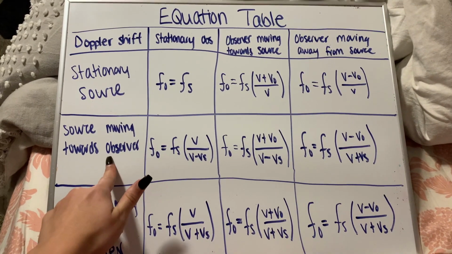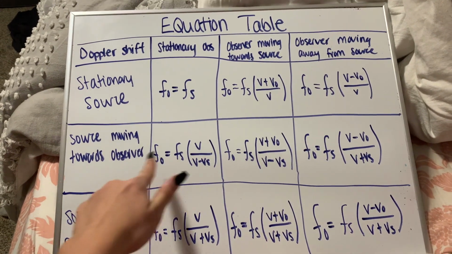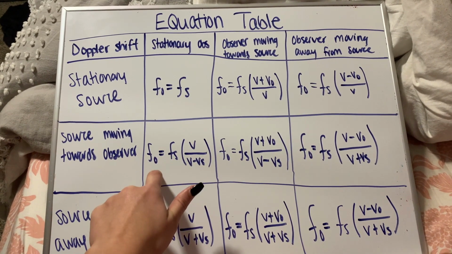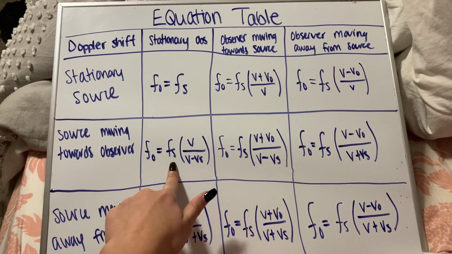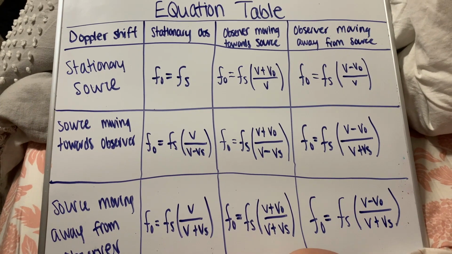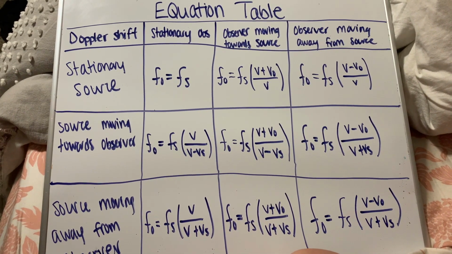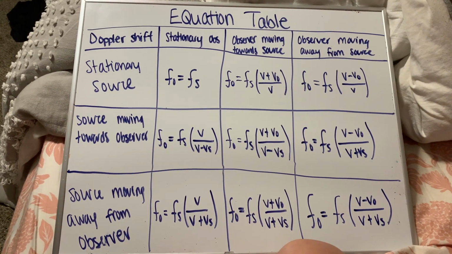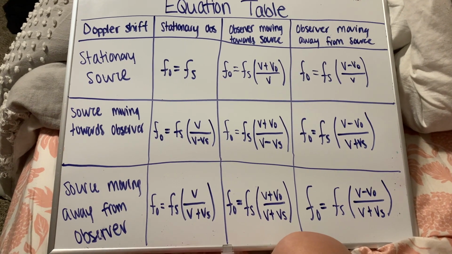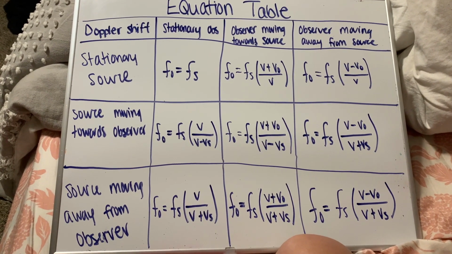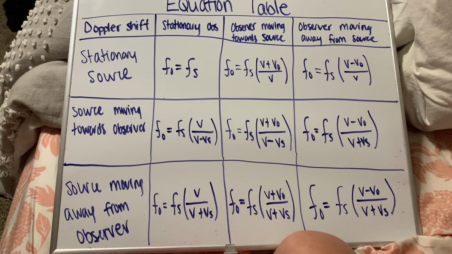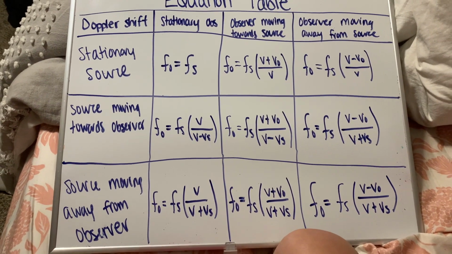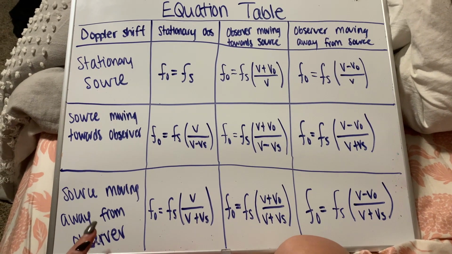If the source is moving towards a stationary observer, f_o equals f_s times v over (v minus v_s). If there's a stationary observer and the source is moving away from the observer, f_o equals f_s times v over (v plus v_s). Okay, move on to the next row.